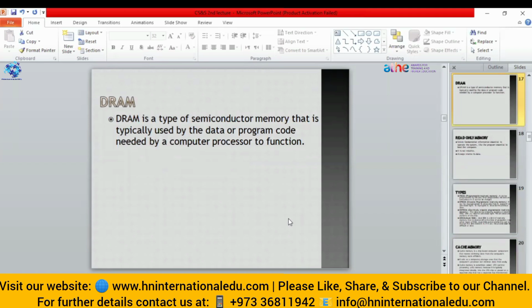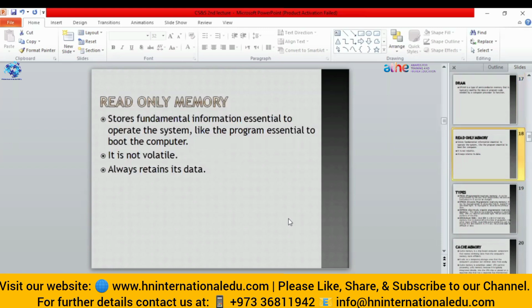Now, DRAM, dynamic random access memory, is made of semiconductor memory that is typically used for the data or the program code needed by the computer processor. The instructions that are most frequently used, we have to store on the SRAM, as SRAM is faster than the DRAM because of its structure, because there is no need to refresh the SRAM after some time, but DRAM must be periodically refreshed.